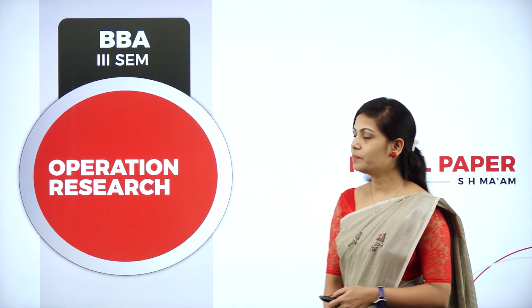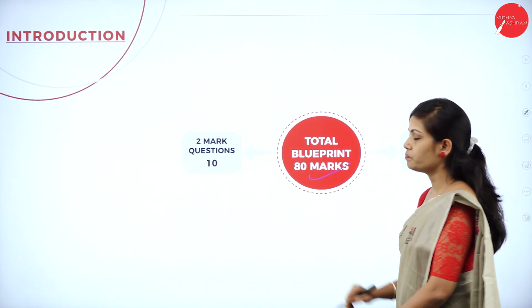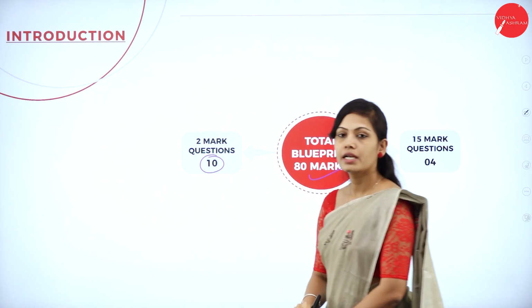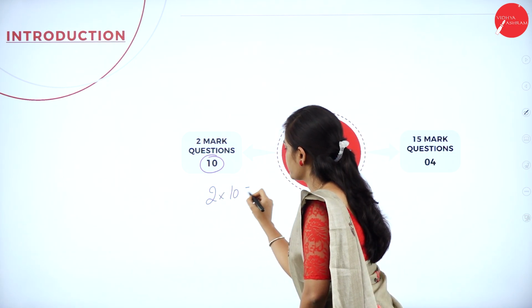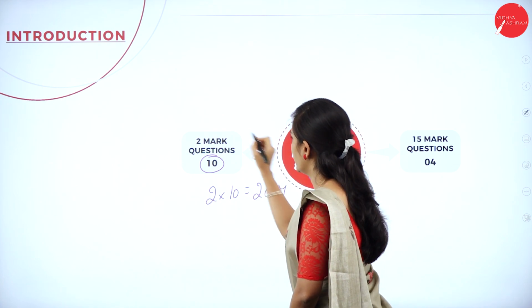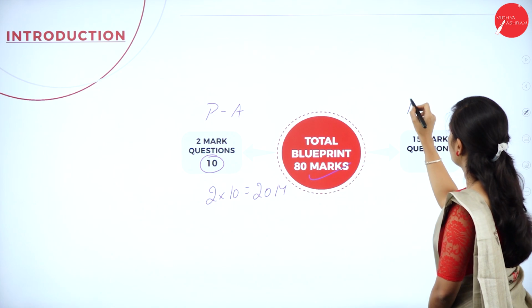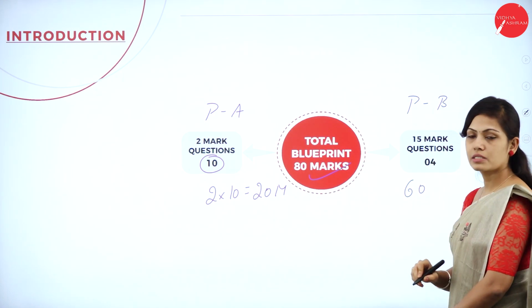Let's get started now. This is your 80 marks theory paper and you can expect 2 marks, 10 questions. So you can score 2 into 10, 20 marks in part A, and in part B you can score 60 marks.